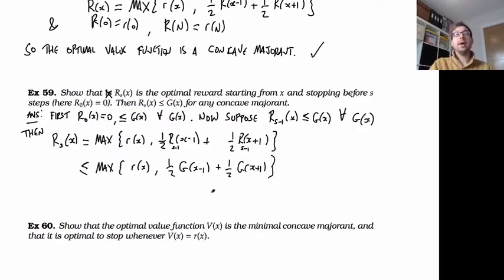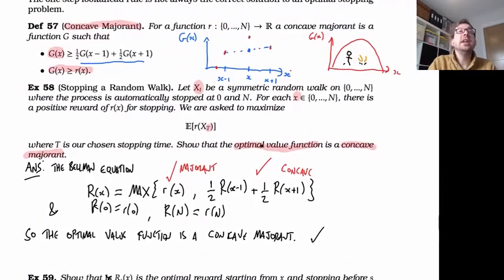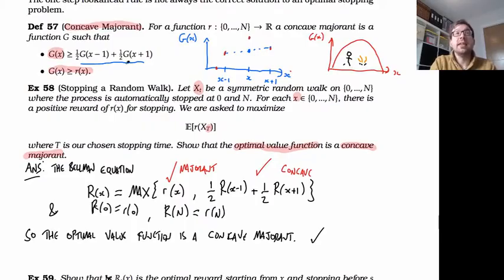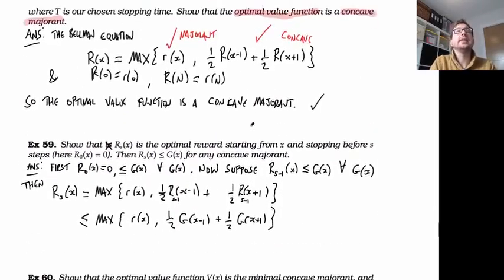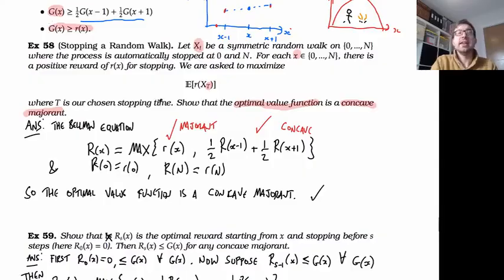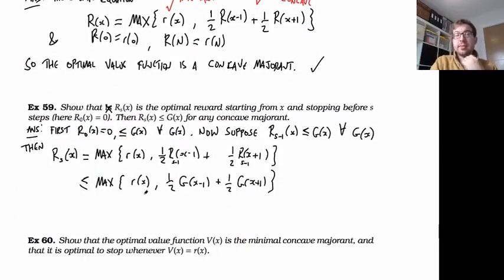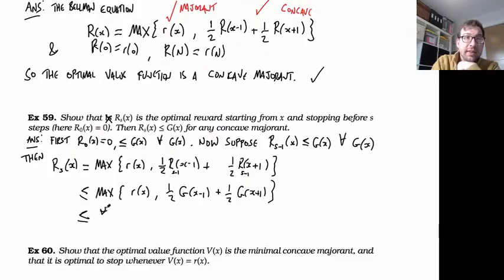But from the assumption that g is a concave majorant, g of x is bigger than this term, and g is bigger than little r of x. So g of x is bigger than both of these items, and so this is less than or equal to g of x.